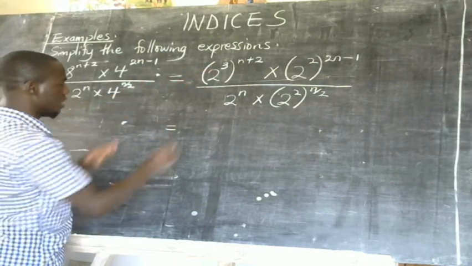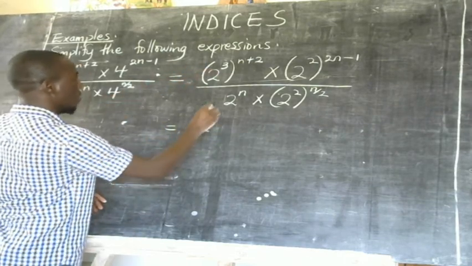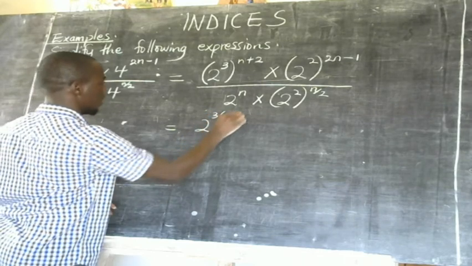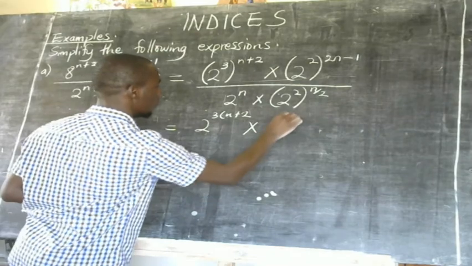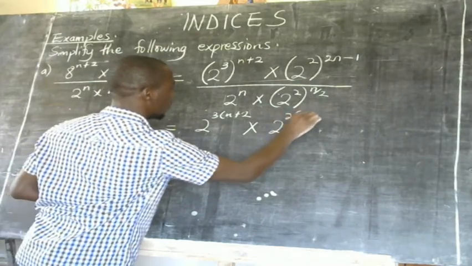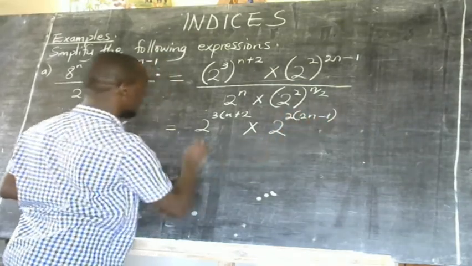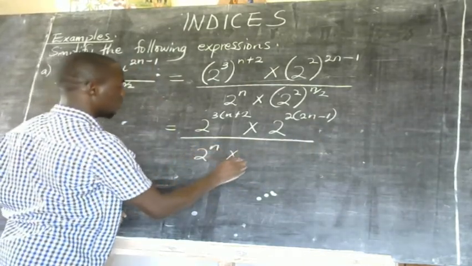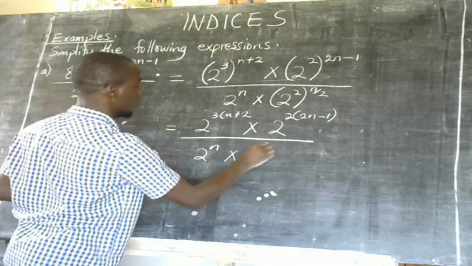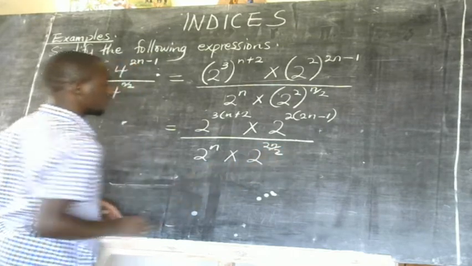Opening the brackets now, I'm having 2 power 3 into n plus 2, then times the 2 into 2 minus 1, then divide by 2n there, then times the 2n all over the 2.